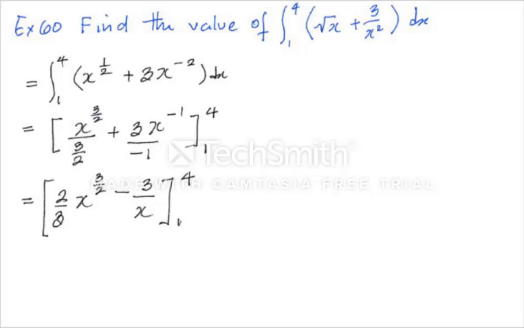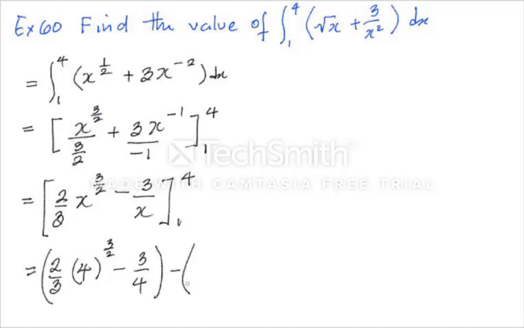And 3x to the minus 1 is the same as saying 3 over x. All right, first, when x is 4, I'm going to get 2/3 of 4 raised to the power 3 over 2, minus 3 over 4.